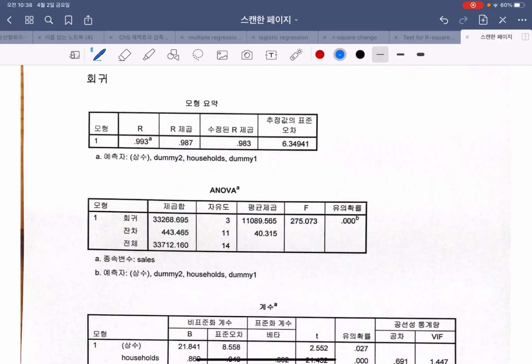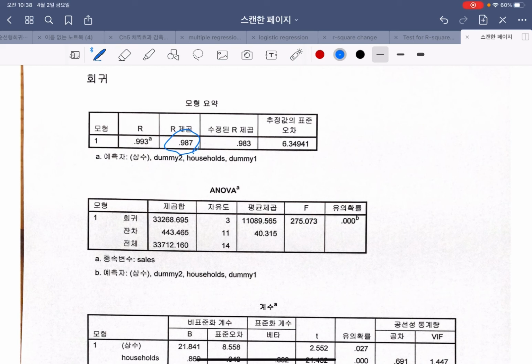So these are the computer outputs. As usual, we have the R square table here. R square is 0.987, pretty high. Now, as I said, the ANOVA table is used to test whether your model is good or not.